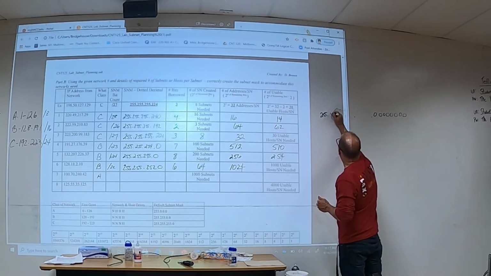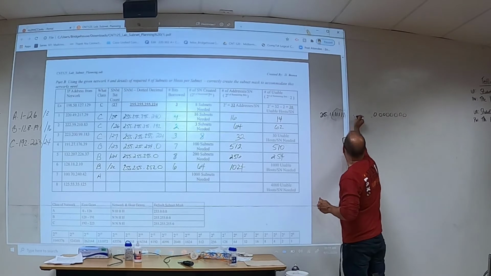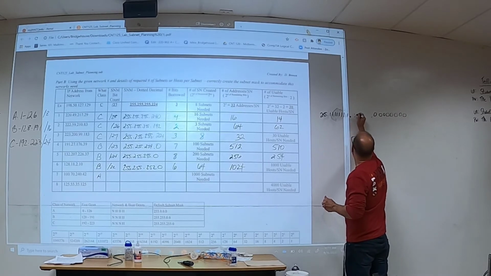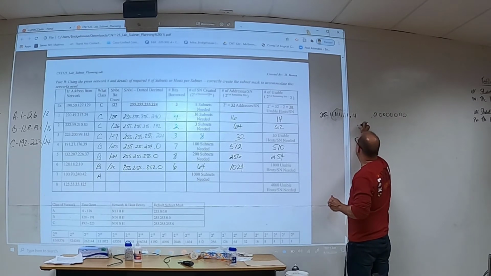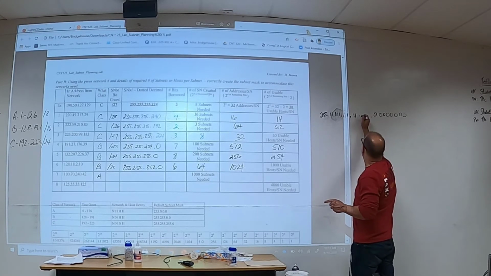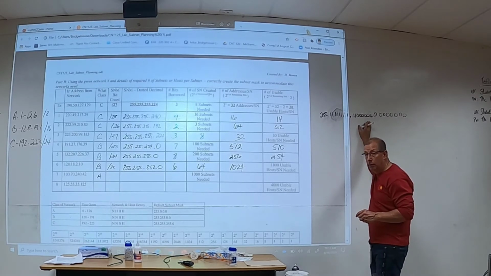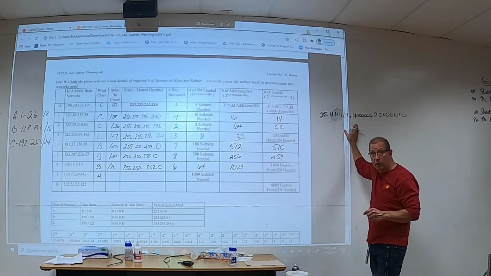So we're going to borrow 1, 2, 3, 4, 5, 6, 7, 8, 9, 10 bits borrowed. That's what we said we needed, right? And then 1, 2, 3, 4, 5, 6 zeros in that octet. Okay? So now let's figure out our new subnet mask.